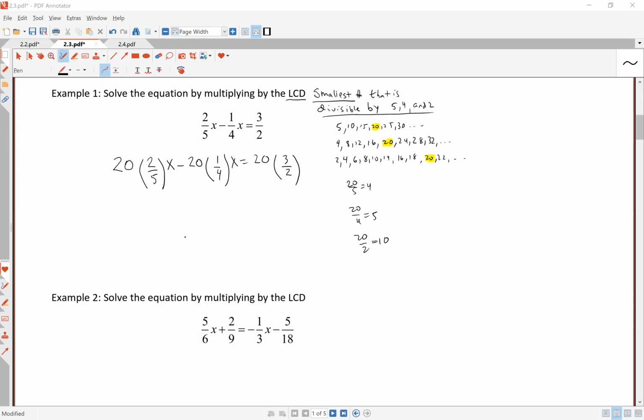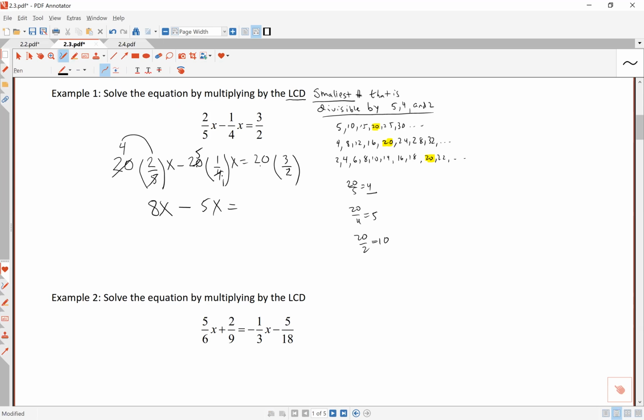So remember, we chose 20 because 20 divided by 5 is 4. 5 goes into 5 once, and 4 times 2 is 8. 20 over 4 is 5.